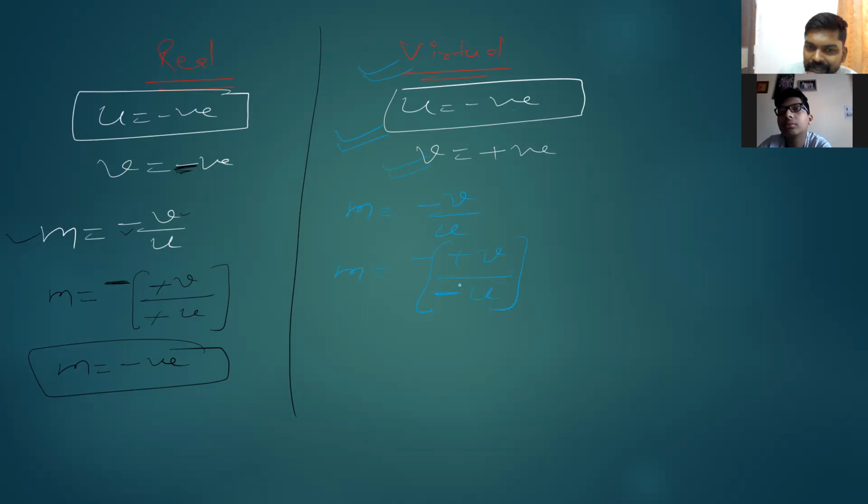Now in this equation minus and minus cancel out. So m will be positive. Is it clear or not? Yes, sir. So remember these 2 points also: m is negative for real image and m is positive for virtual image.